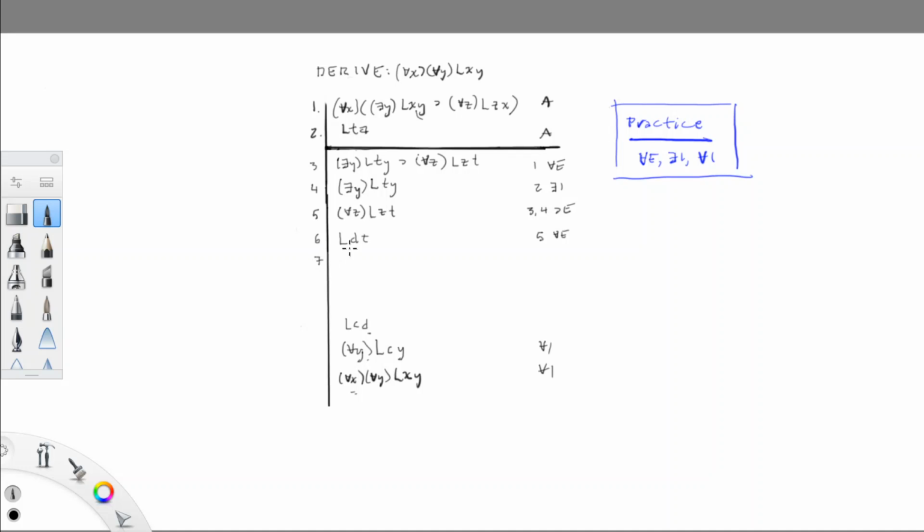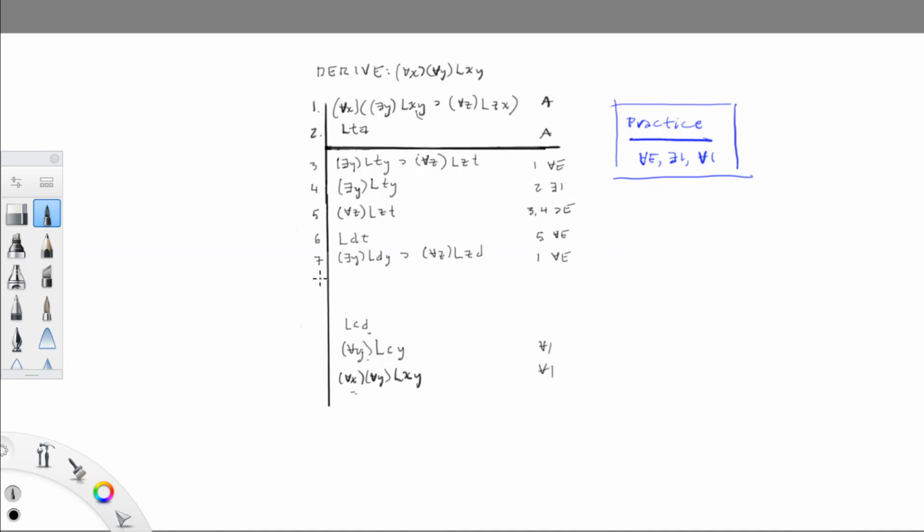So on line 7, we're going to instantiate line 1 to the name D. So there's a Y, L, D, Y, horseshoe, for all Z, L, Z, D. That's line 1, universal elimination.